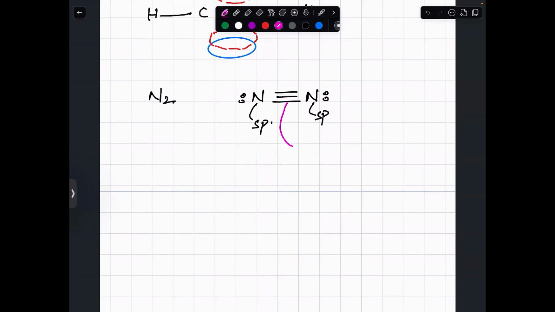In nitrogen, each nitrogen atom is sp hybridized. Agree?